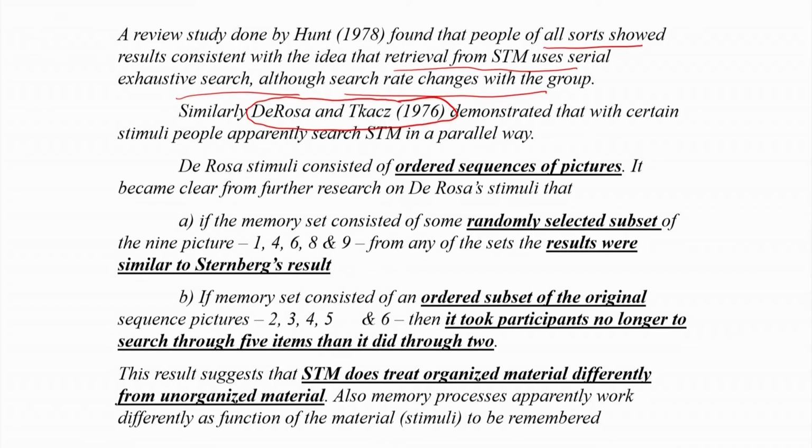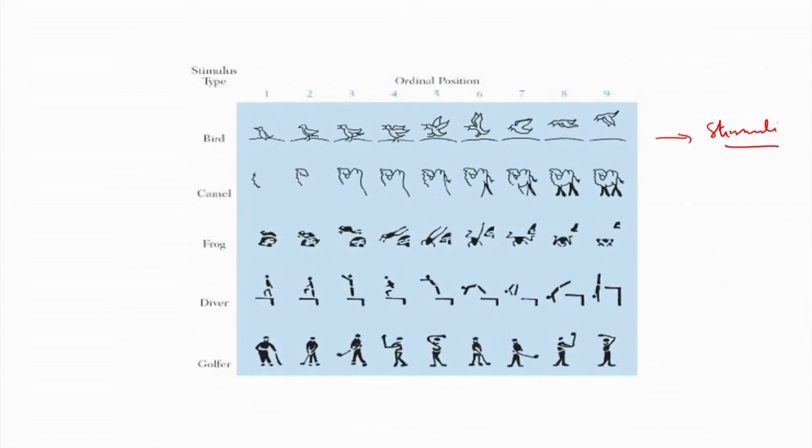In a study like this, DeRosa found that the stimuli consisted of a number of ordered pictures, one after another. The result says that if the memory set consisted of some randomly selected subset of 9 pictures from any of the sets, the results were similar to Sternberg's results. Let us say I give you a number of positions to verify.